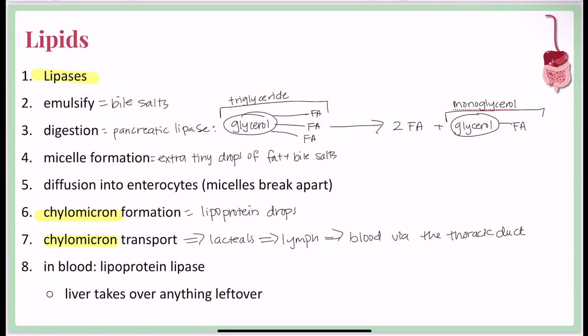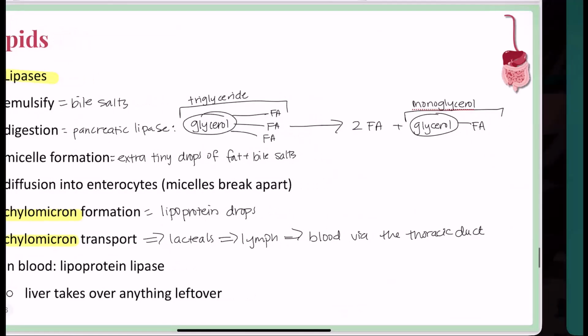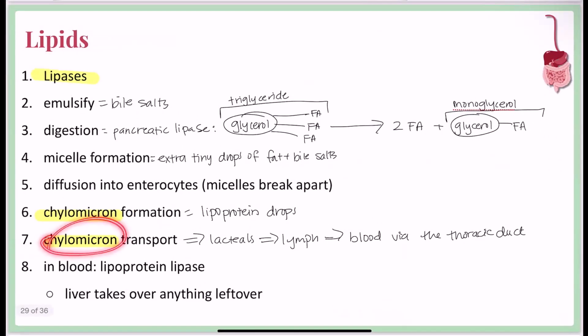And then lastly, so we have still these chylomicrons, they're still pretty big though, right? So in the blood, we have yet another enzyme, and that enzyme is called lipoprotein lipase. So it's an enzyme that digests lipoproteins.